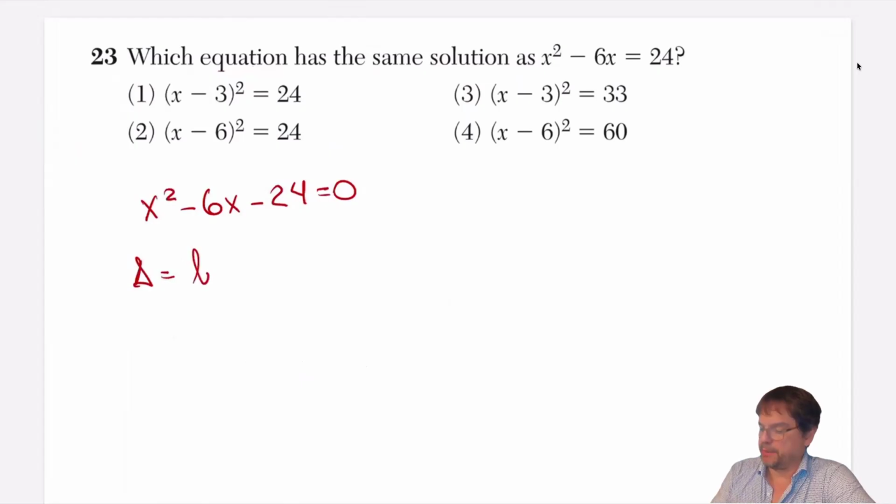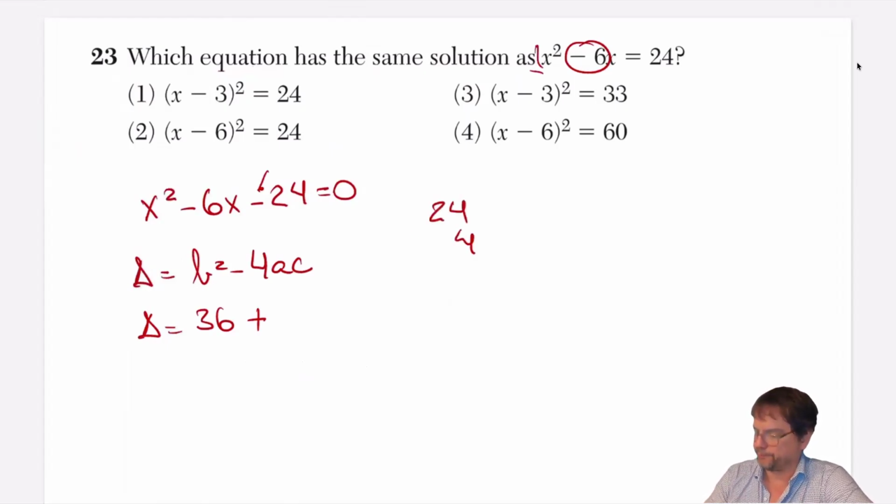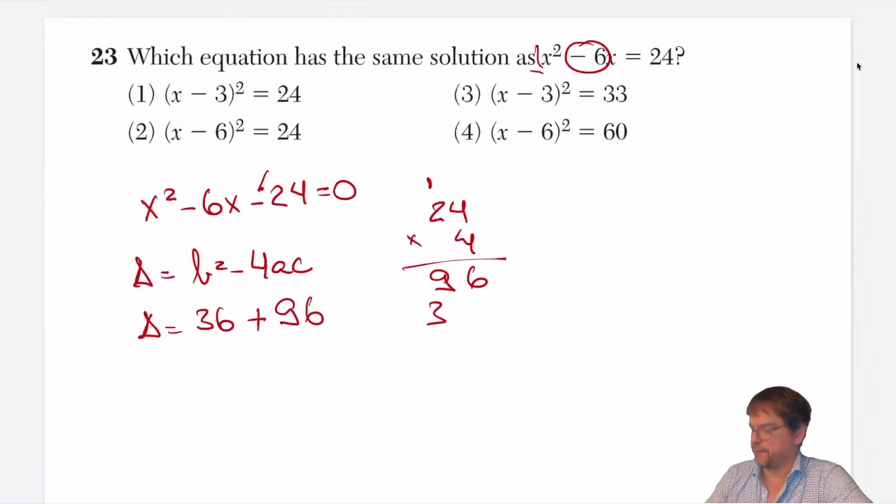So b squared minus 4ac, delta is b squared, 36, minus, but you have a minus here, so it'll be plus 4 times 1 times 24. 24 times 4: 4 times 4, 16 carry 1. 4 times 2, 8 plus 1, 96. 96 plus 36 is 132.